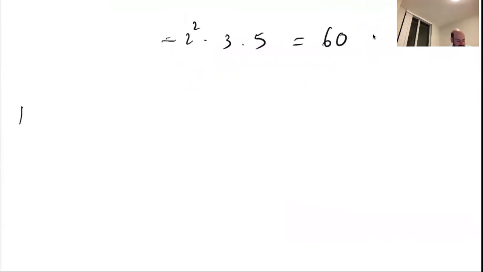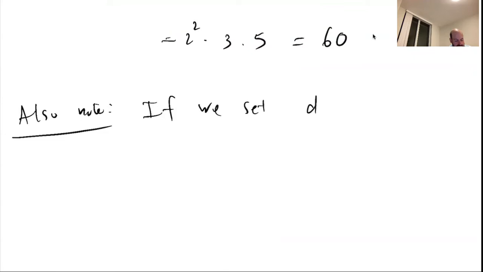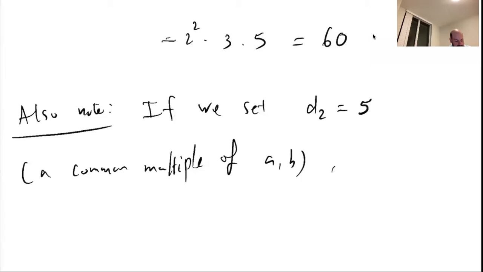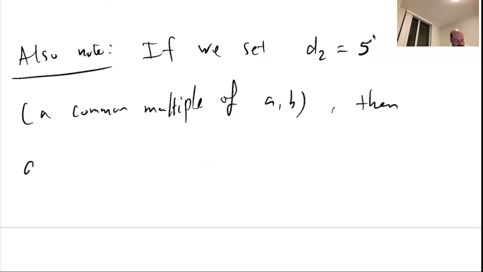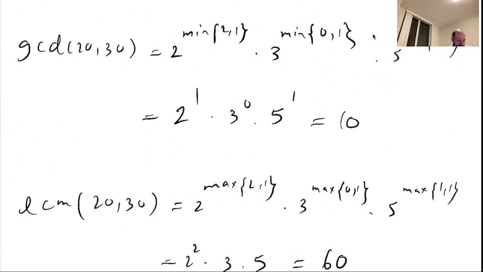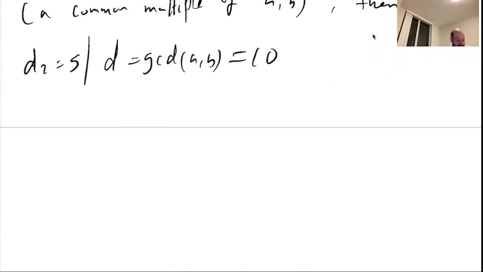So also note, if, for example, we set D2 equals 5, a common divisor of A and B, then D2 equals 5 divides D, which is GCD, and how much was it? It was 10, right? 10 was GCD, and 5 divides 10.